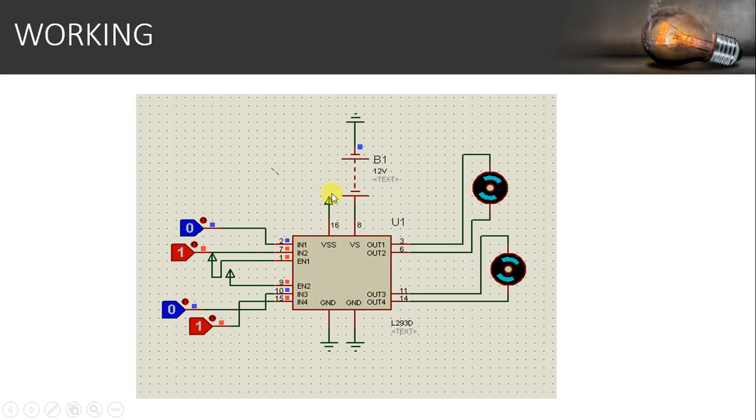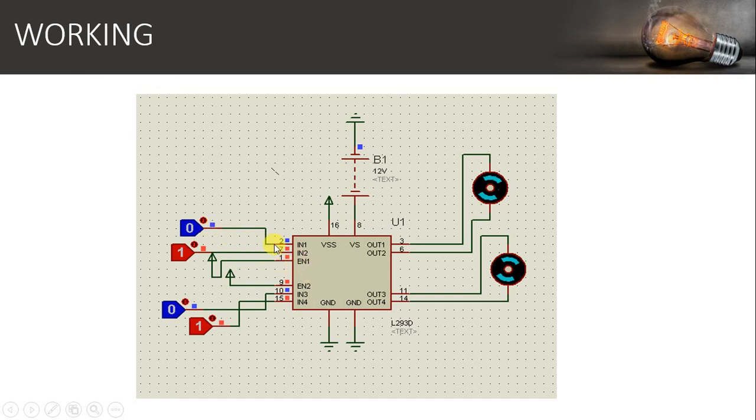VSS is the supply for this IC, that is 5 volts. As I'm driving a 12 volt DC motor, I'll give 12 volts on pin 8, as I have already explained. Here I have connected the motors between 3 and 6, and 11 and 14. The ground pins are connected to the ground.